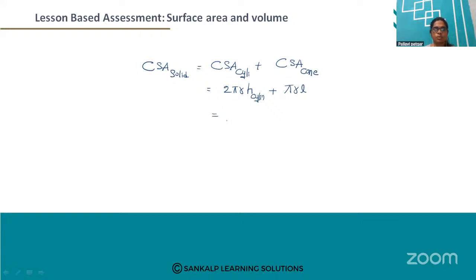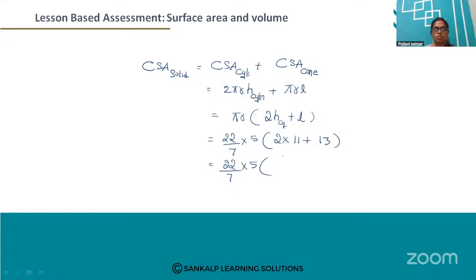This is equal to, here pi r is common, pi r in bracket, so here 2h plus l. So here this is equal to 22 divided by 7 into r is the radius 5 centimeter into 2 into height of the cylinder is 11 plus slant height is 13, equal to 22 divided by 7 into 5.